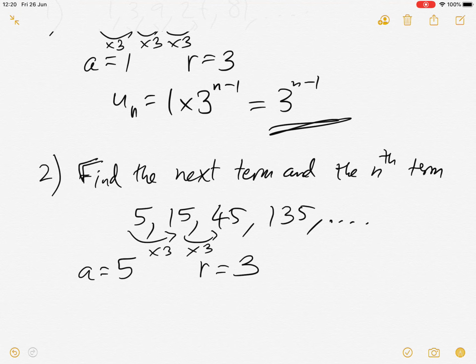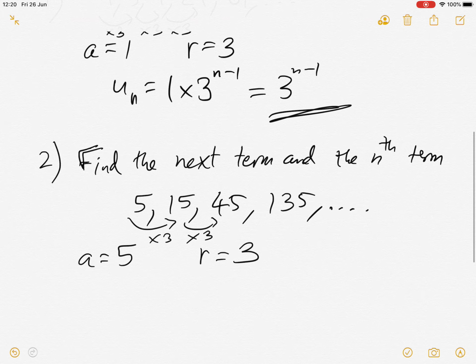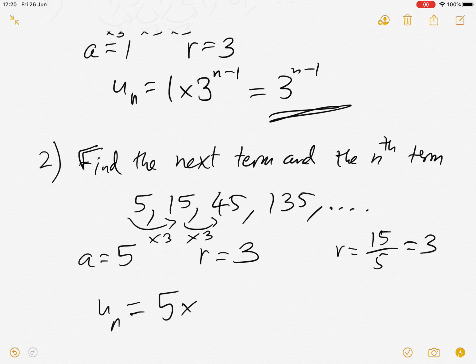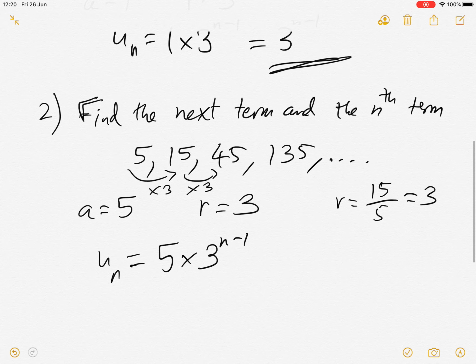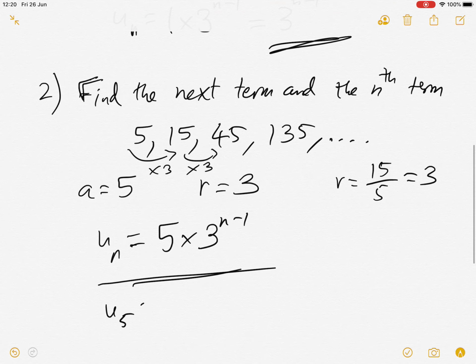If you're ever unsure what r is, you could always divide two consecutive terms. We could do 15 divided by 5 to work out r. So that's another way you can work out r. But again, the nth term is 5 times 3 to the n minus 1. And the next term, u5, the fifth term, is going to be 135 times 3, which is 405, I think.